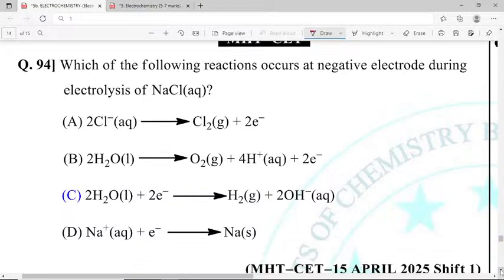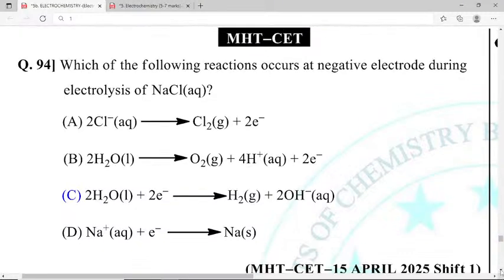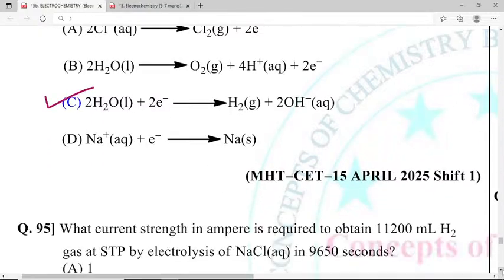Question number 94. At the negative electrode, in aqueous sodium chloride solution, hydrogen gas is evolved. This is a reduction process.